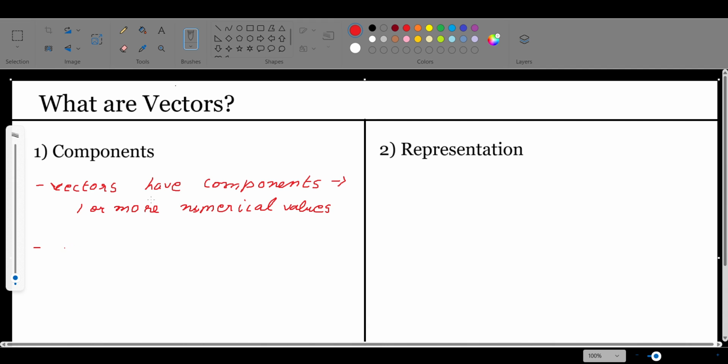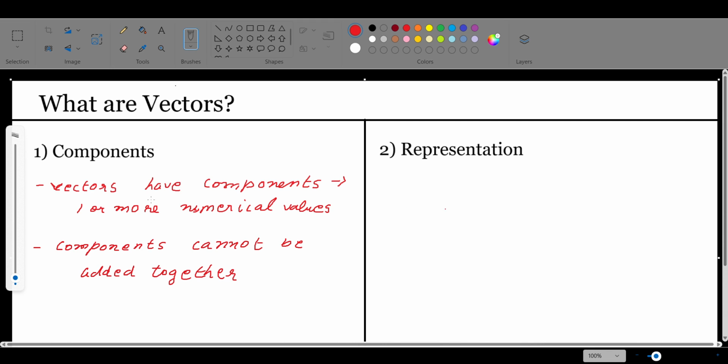Okay, that's kind of what happens even in vectors. So therefore over here we can say components cannot be added together.